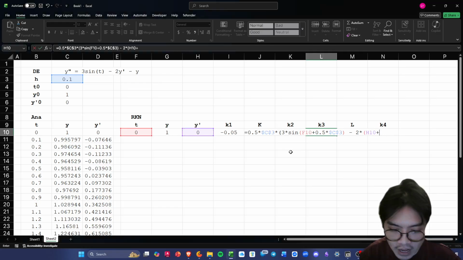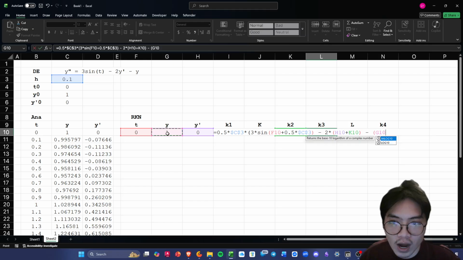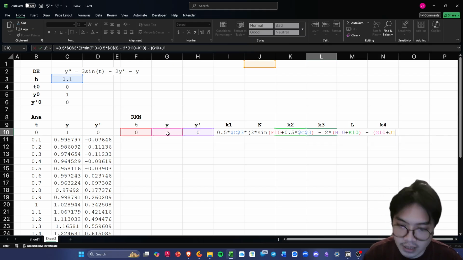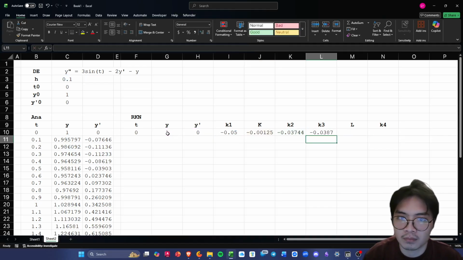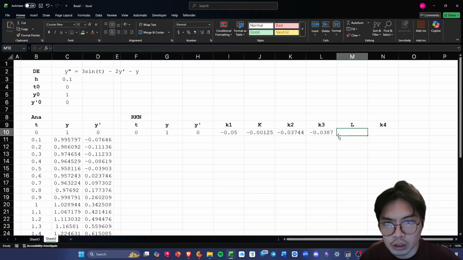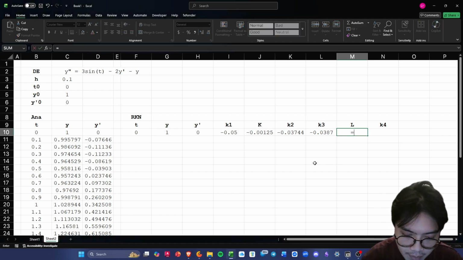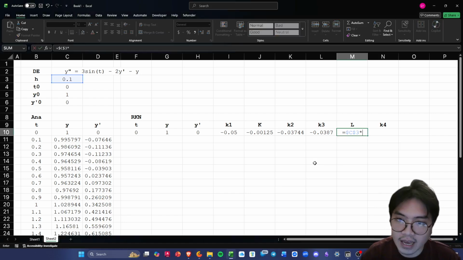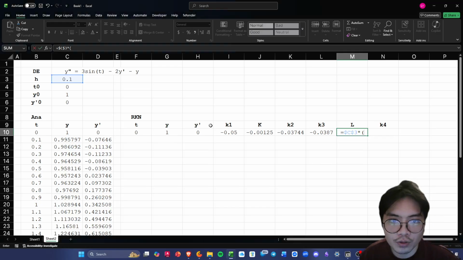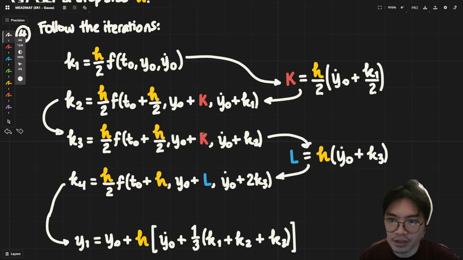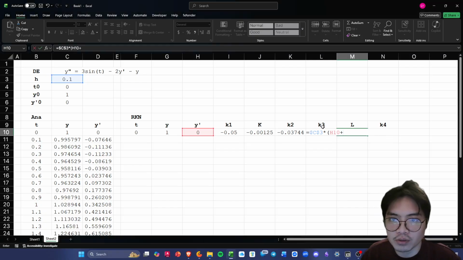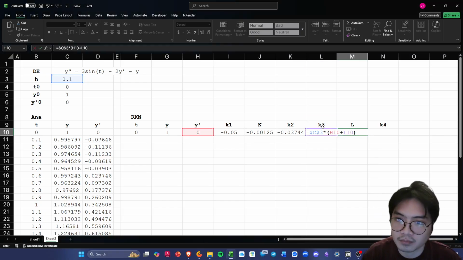So that k2 value we just discovered earlier, we use again. Then minus y. Instead of using y, we use y plus k, which is J. And we will continue. L is now H. Now a full step times y dot plus k3. K3 is going to be L10.